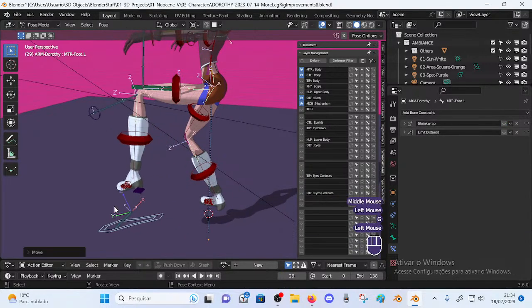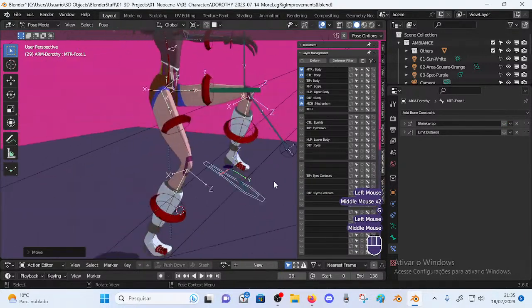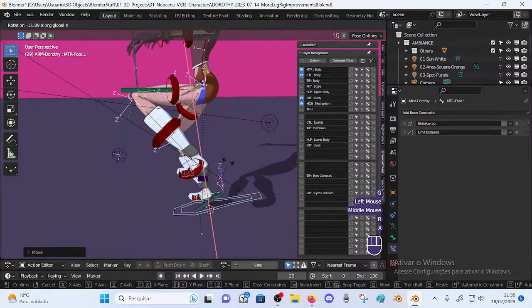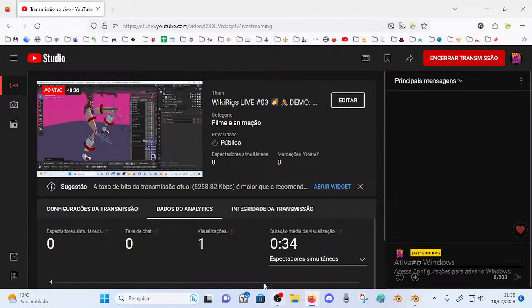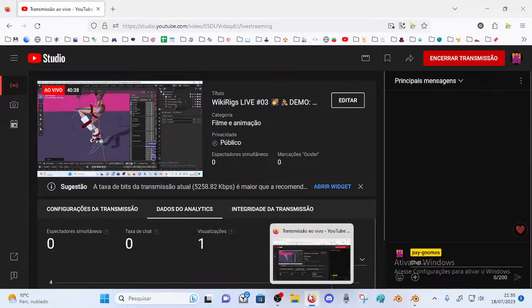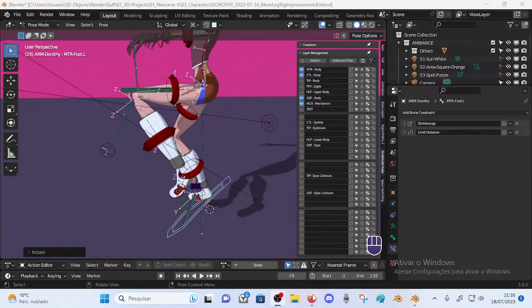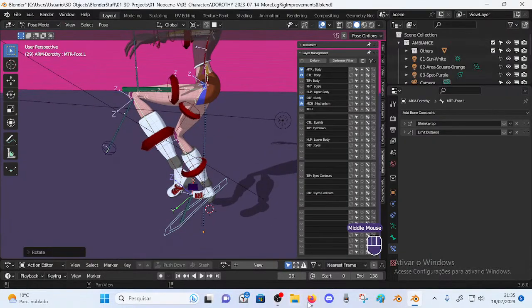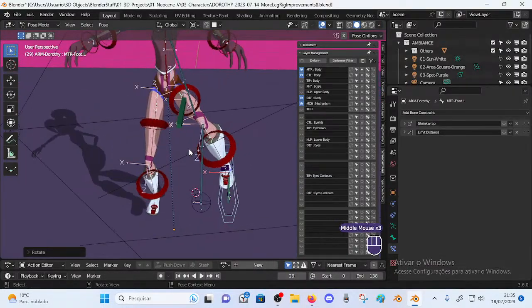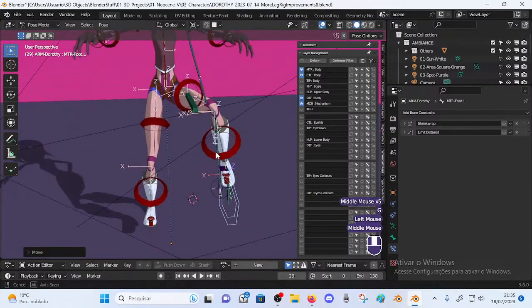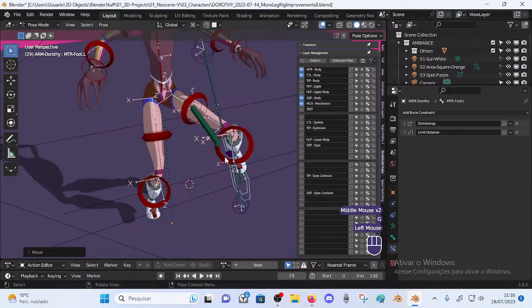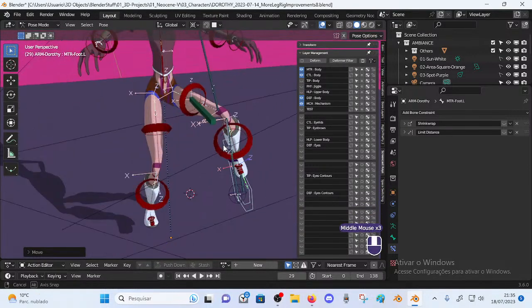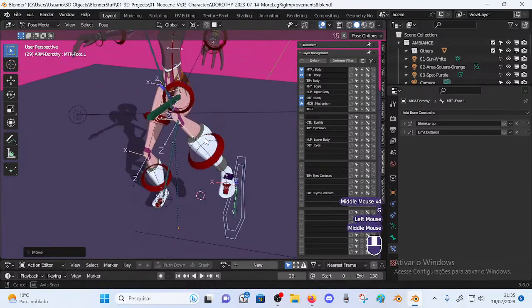Let's see. The cool thing about this, the greatness of multi-IK, I left in the description the tutorial that shows where I took this idea from, this multi-IK rig.